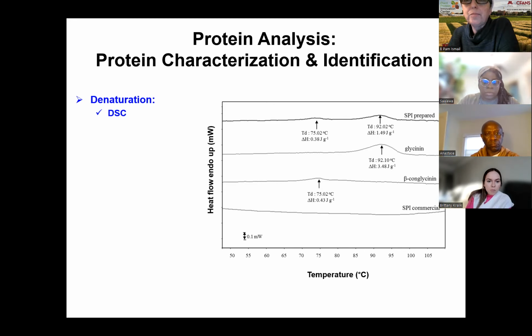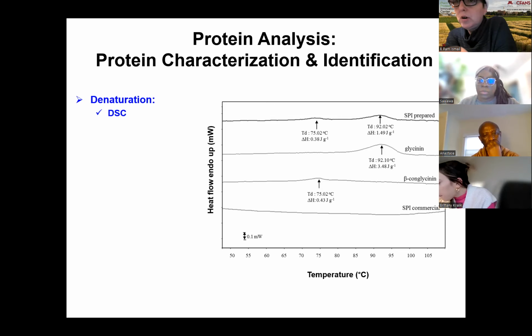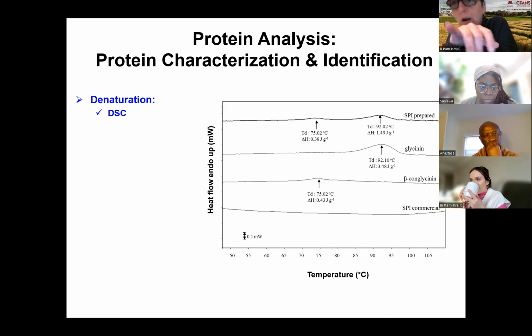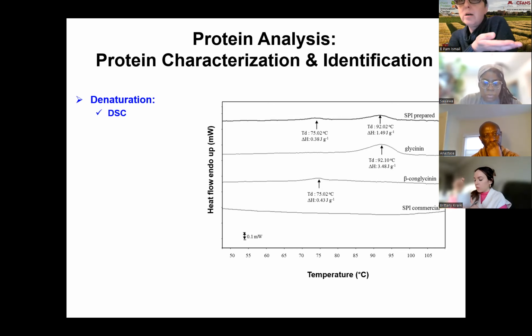And then also glycinin in soy is more abundant than beta-conglycinin, so you see a more prominent peak for glycinin than beta-conglycinin. So there is also a concentration effect. Although you are putting 20% protein there, 60 or 70% of that protein is glycinin, so you see a bigger peak there.